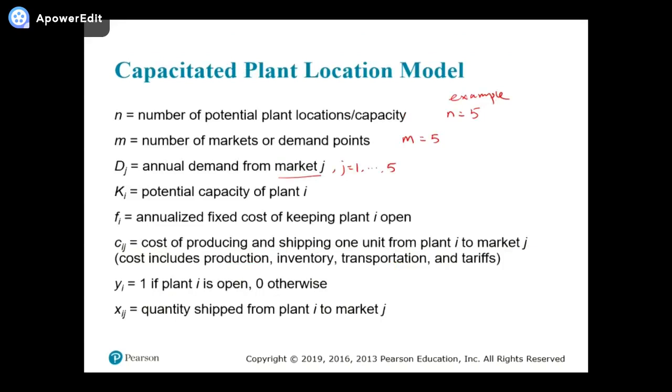So Ki, where i takes values from 1 through 5, and this 5 is M, and this 5 is from N. For each plant i, the potential capacity is denoted as Ki.